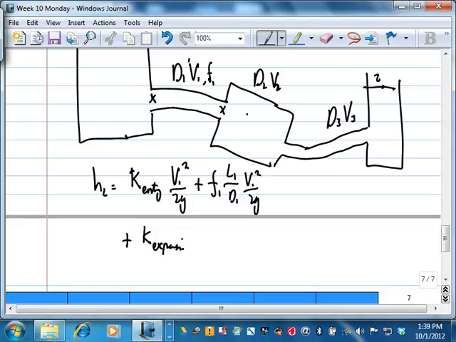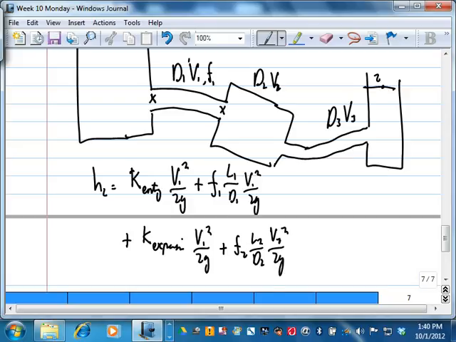Do I take V1 or V2? Both answers are actually correct, but the convention is to take V1, the higher one, plus f2 L2 over D2, V2 squared over 2g.